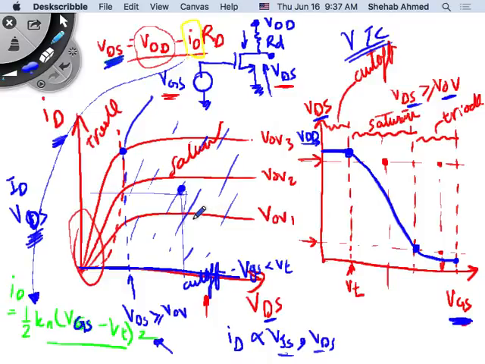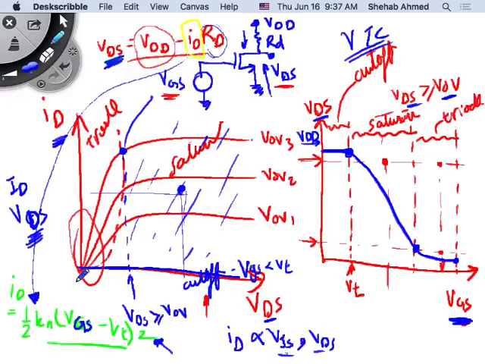And we said at the beginning of the lecture today, where do you want to locate that so that you maximize the swing of the signal that you have, right? If you're too close to the supply voltage, you will be cut off on the high side. If you're too close to the triode region, you will be cut off on the low side. So you typically want to locate yourself in the middle somewhere. So the value of RD will be what will help you define where you're going to locate yourself here.